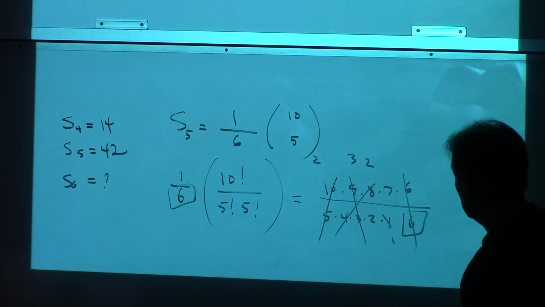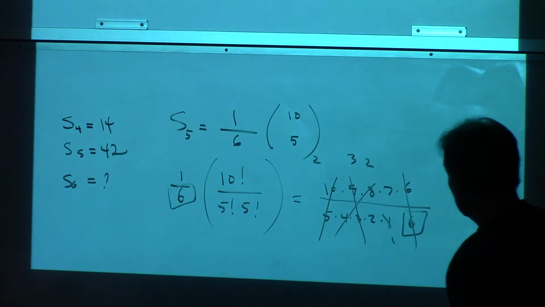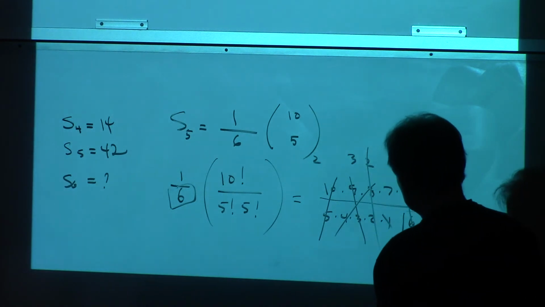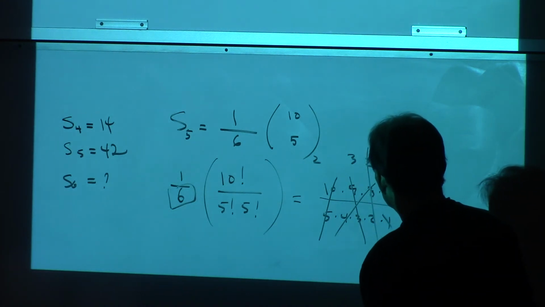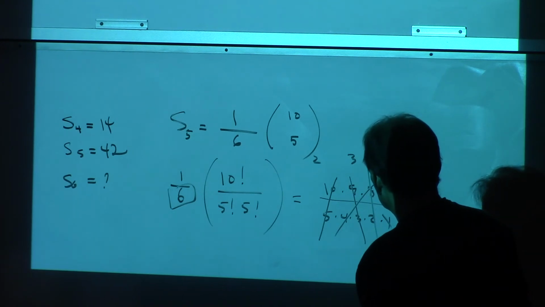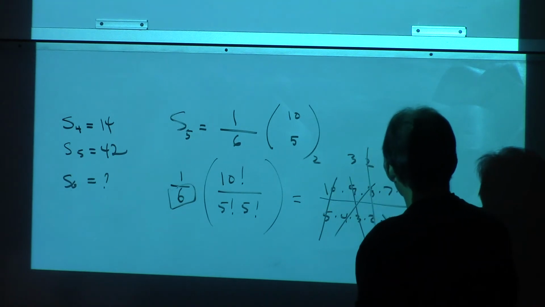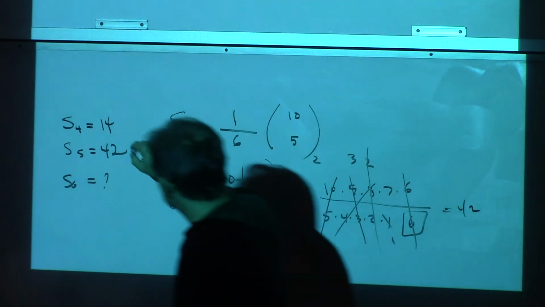So 2 times 3 is 6, 6 times 7, so this is equal to 42, which is correct.